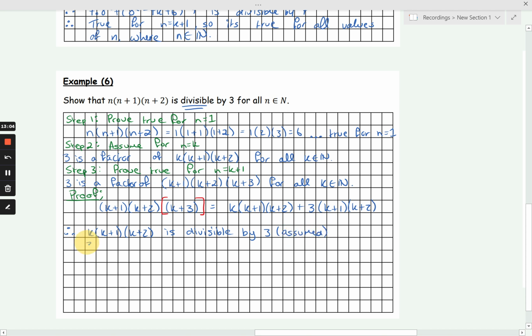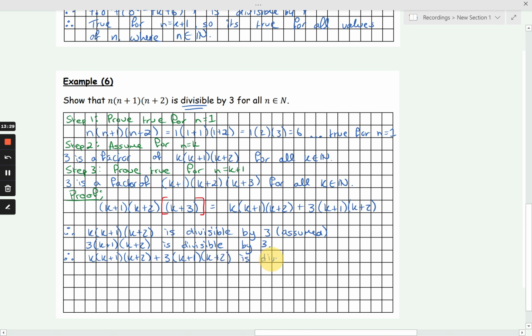We know that 3 by k plus 1 by k plus 2 also is divisible by 3 because it is a multiple of 3, so we know it has to be divisible by 3, which means we can say now therefore k by k plus 1 by k plus 2 plus 3 by k plus 1 by k plus 2 is divisible by 3.